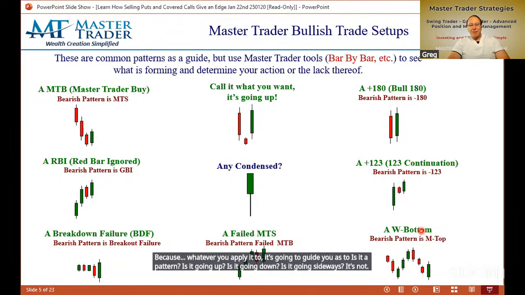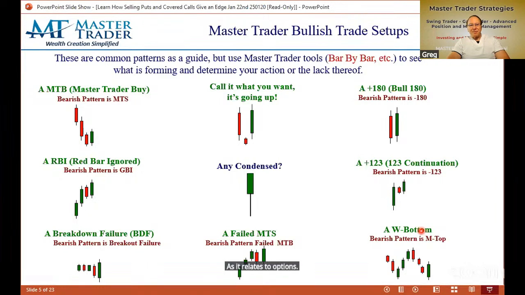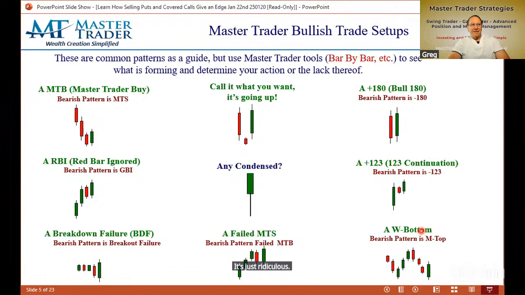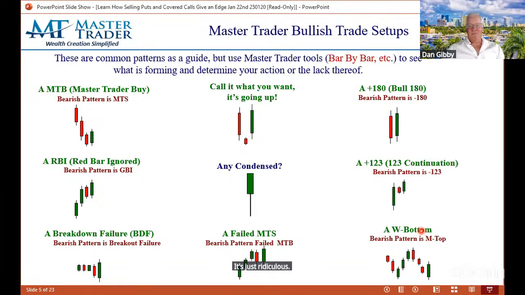As it relates to options, our method, unlike the indicator-based methodology, is not a derivative of the underlying, which the indicators are. And when I hear terms like, oh, this indicator anticipates what the prices are going to do, it's just ridiculous. So look, this is our starting point.